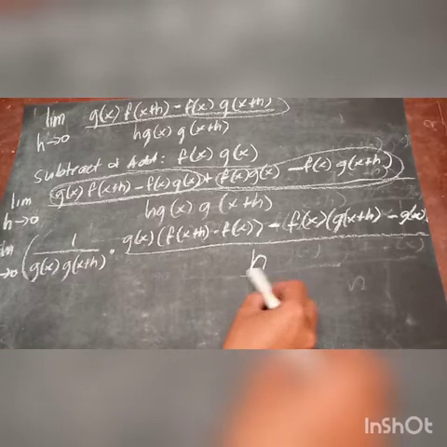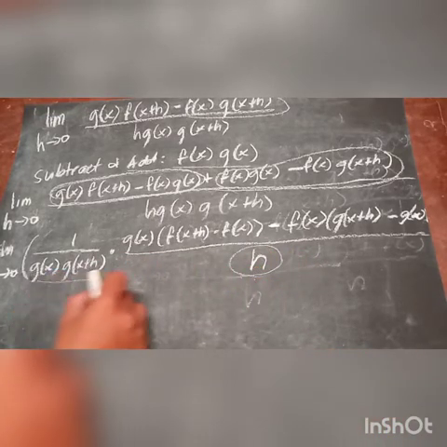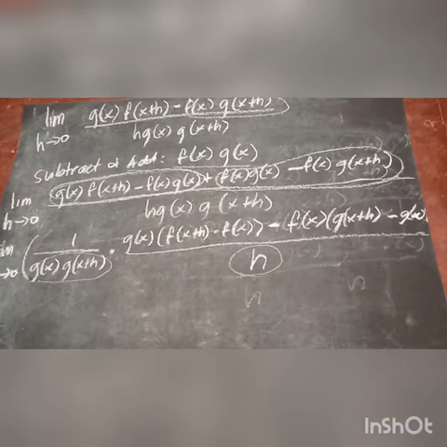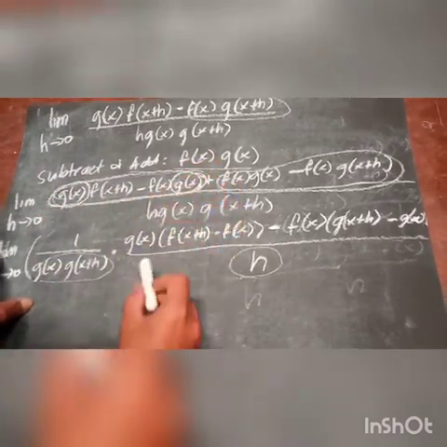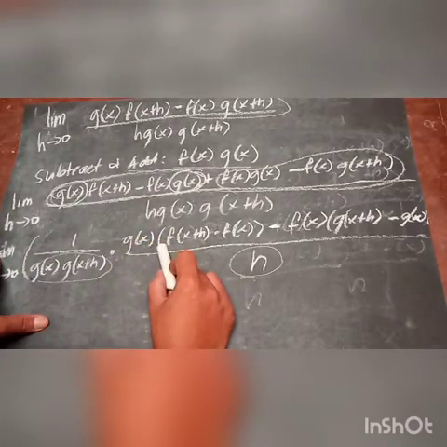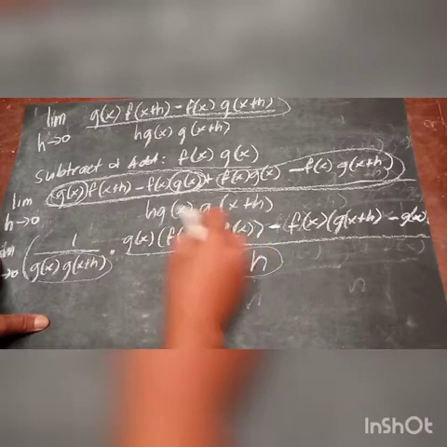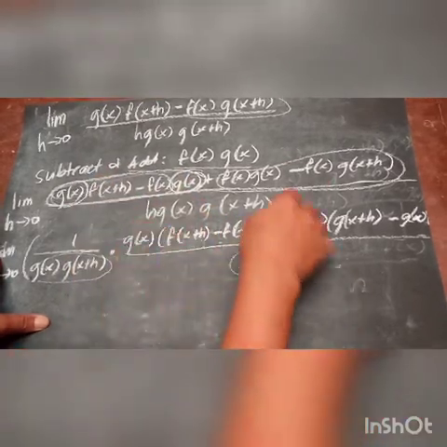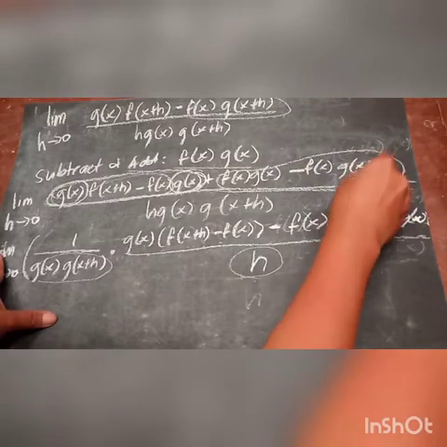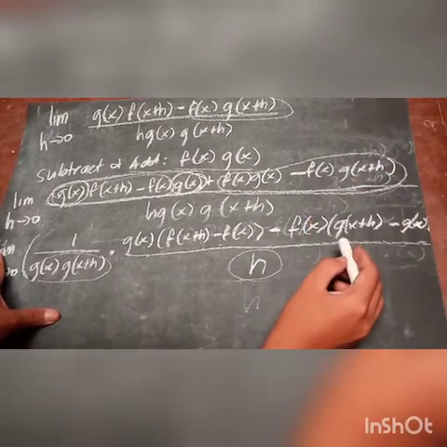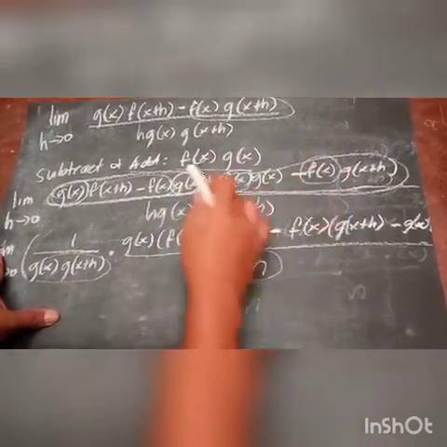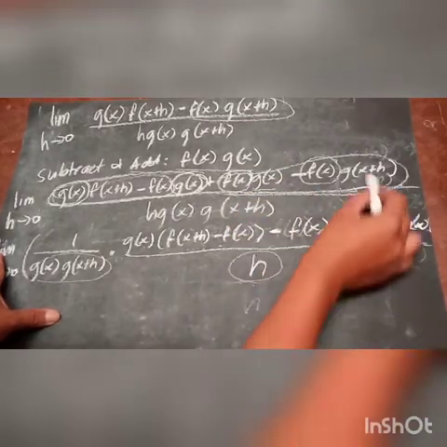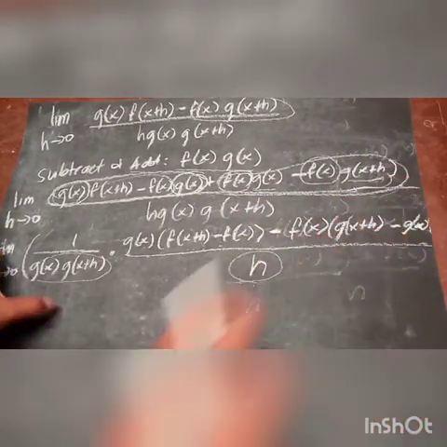We are left with h here because we factored out the numerator. Here we have g of x common, so we are left with g of x times f of x plus h minus f of x, and in the other expression we factored out f of x because it was common, so we are left with g of x plus h minus g of x.